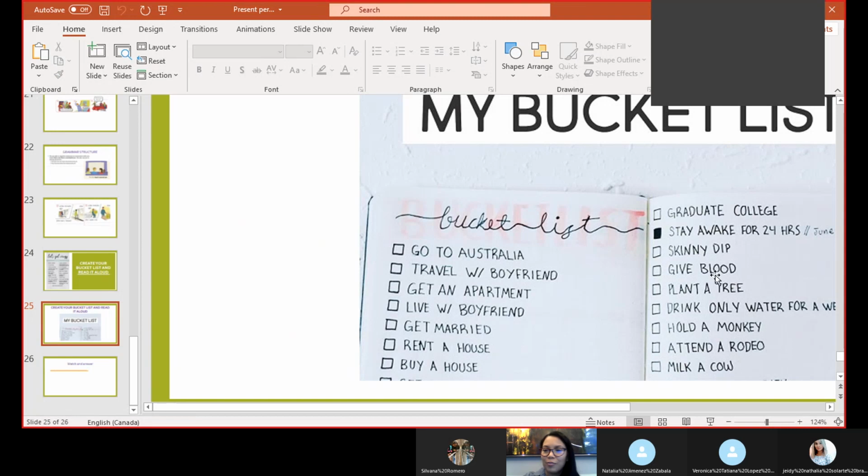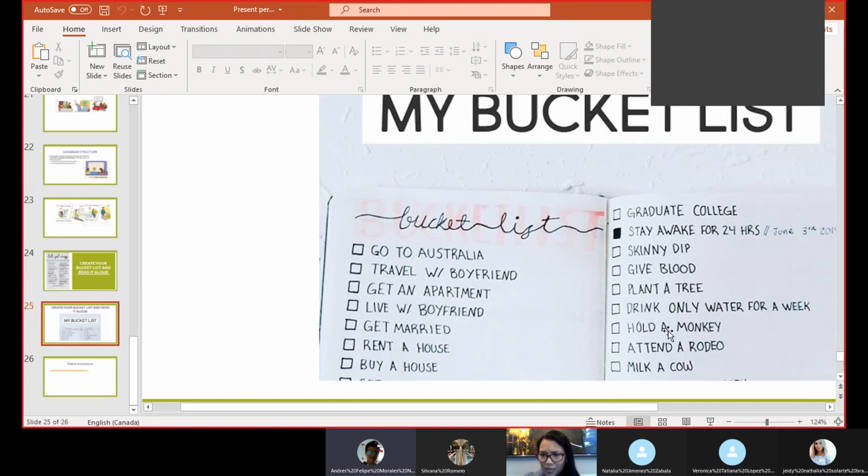Give blood. This is a good one. Plant a tree. Drink only water for a week. Hold a monkey. Attend a rodeo. Milk a cow. So it's up to you, right? Imagine that you have a bucket list like this.